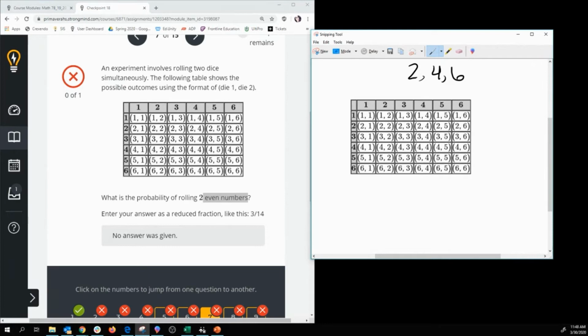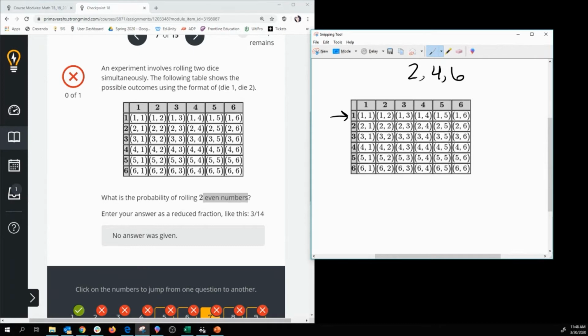So I can only roll two even numbers, right? If I look at this first row here with ones, one is odd, right? So I can't roll a 1. That doesn't count. So all these options in that first row are automatically out. I can't pick any of those because they're not both even.